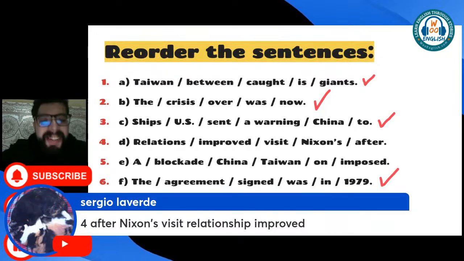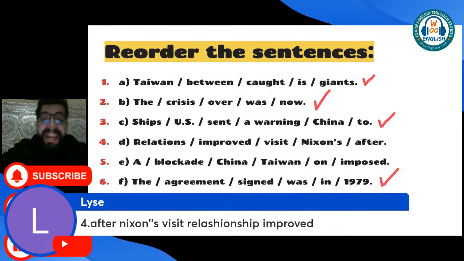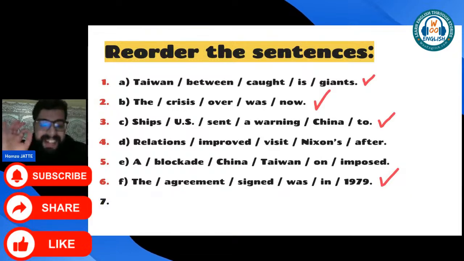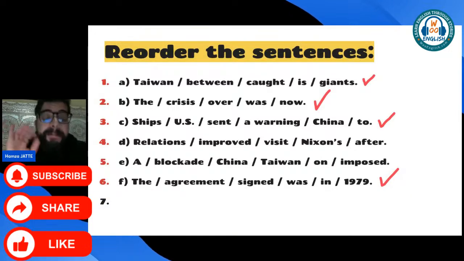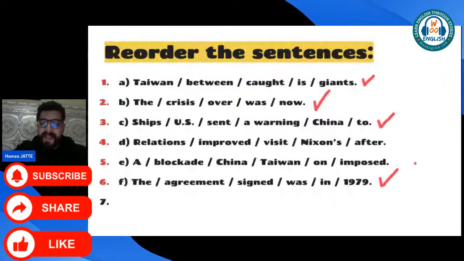Perfect. After Nixon's visit, relationships improved. I like that. Or relationships improved after Nixon's visit. Great. You guys did the same thing, but it can also be relationships improved after Nixon's visit. That's also a possible answer. So perfect. I'm gonna do two because you guys both corrected this one.